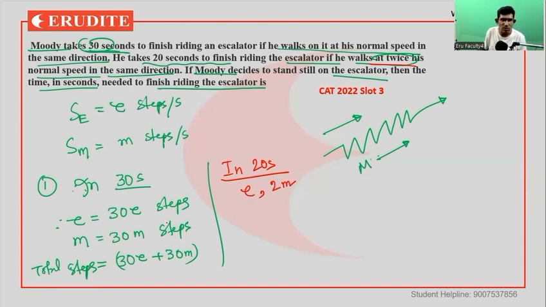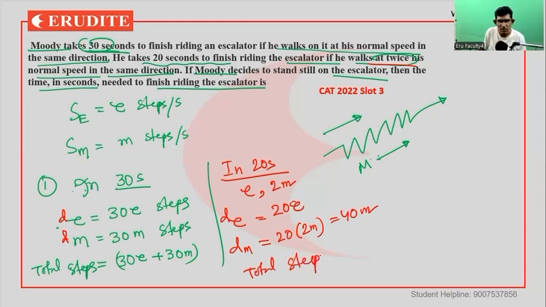The number of steps covered by the escalator will be 20E, and the number of steps covered by Moody will be 20 into 2M, or 40M. So in this case, the total steps on the escalator would be 20E plus 40M.